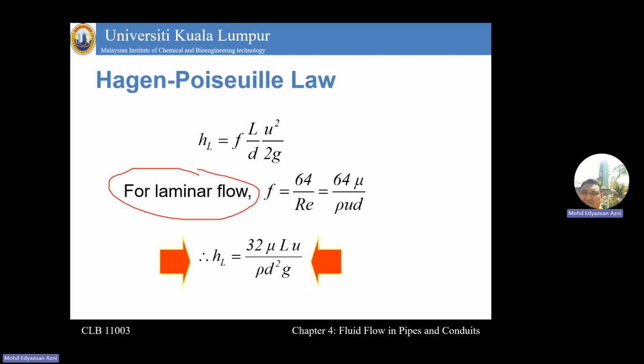The standard formula for head loss is 32 times mu L u over rho d squared g. So if we get laminar flow, we automatically use Hagen-Poiseuille.